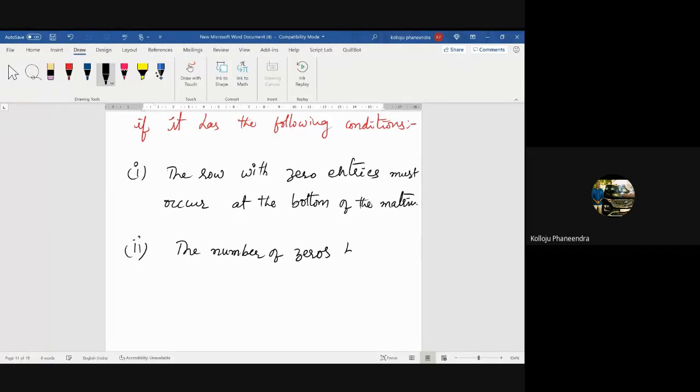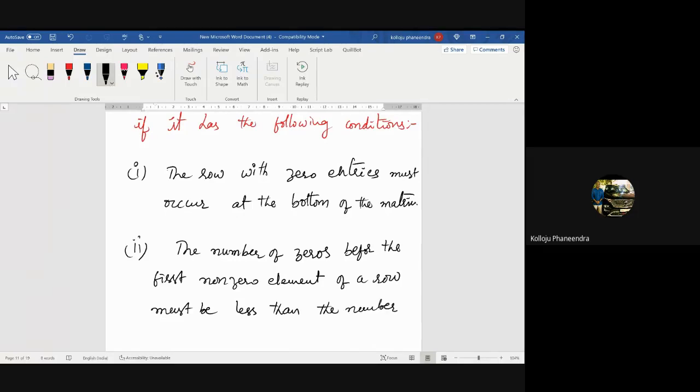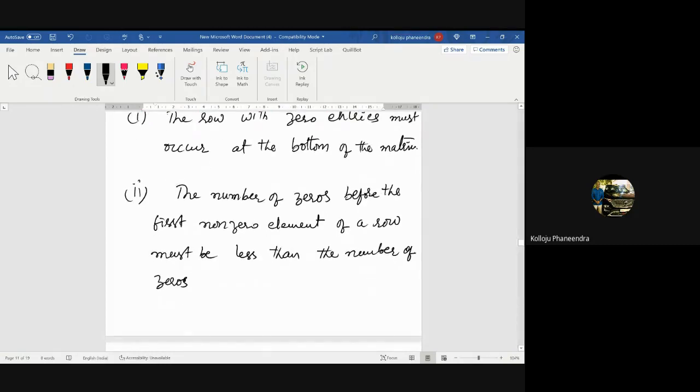The number of zeros before the first non-zero element of a row must be less than the number of zeros before the first non-zero element of the succeeding row.